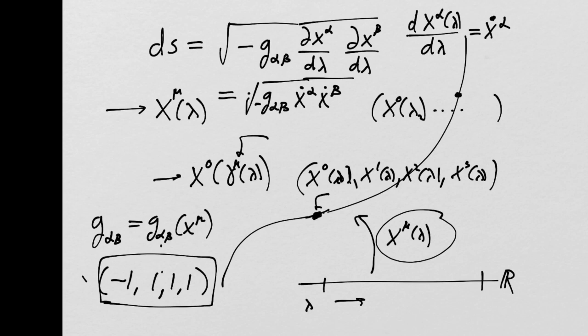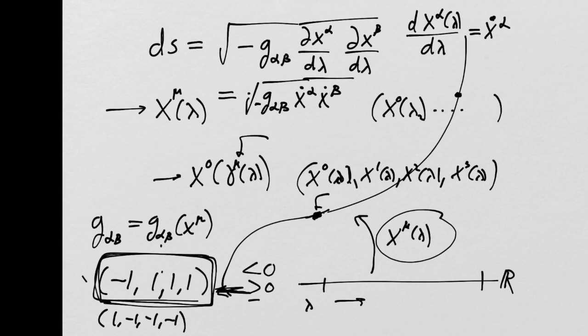So if the local spacetime in free fall has this metric, as opposed to 1, -1, -1, -1, we know that time-like paths will have lengths that are less than 0. Right? So time-like paths have lengths that are less than 0, space-like paths have lengths that are greater than 0, and null paths have lengths that are equal to 0.